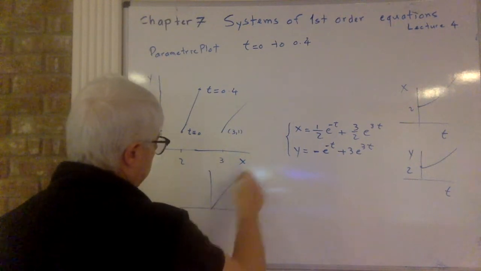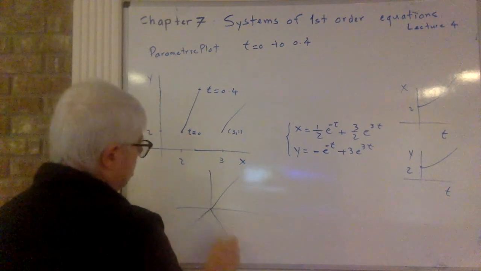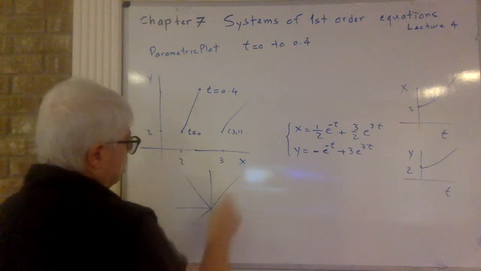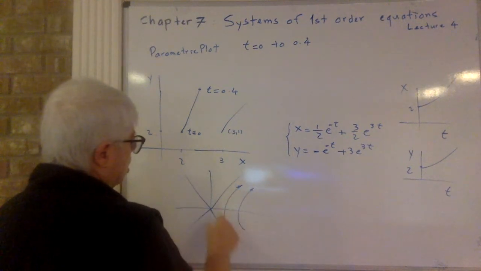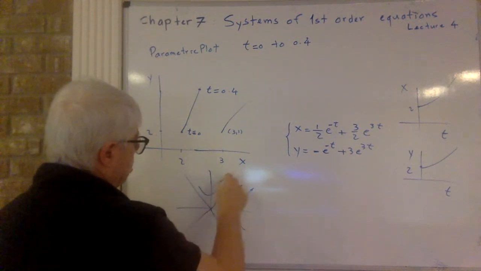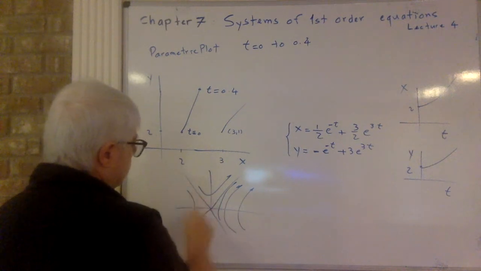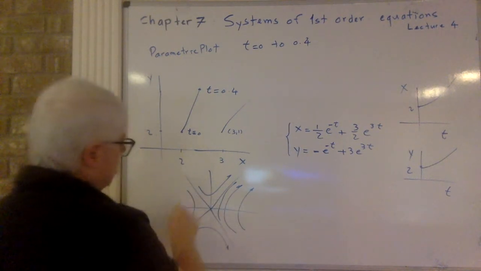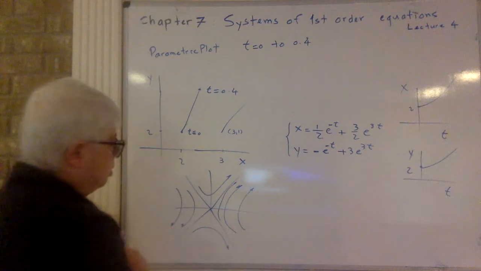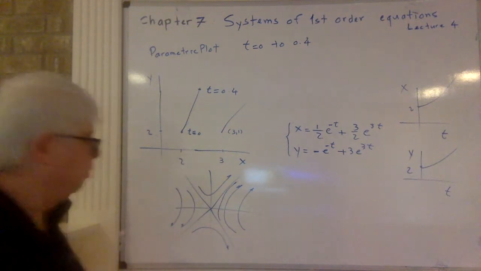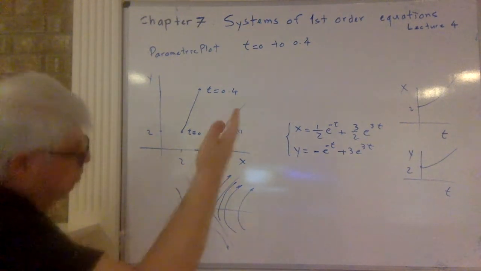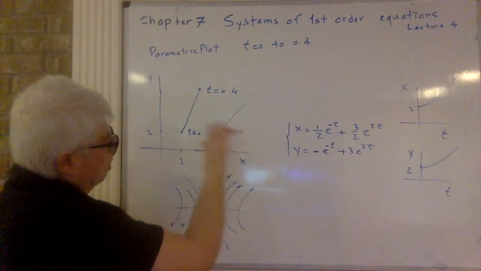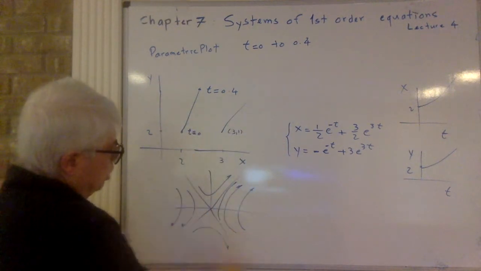It will be something like this, like this. So this gives a person a feeling of flow, like some fluid is flowing this way and this way and this way and so on.